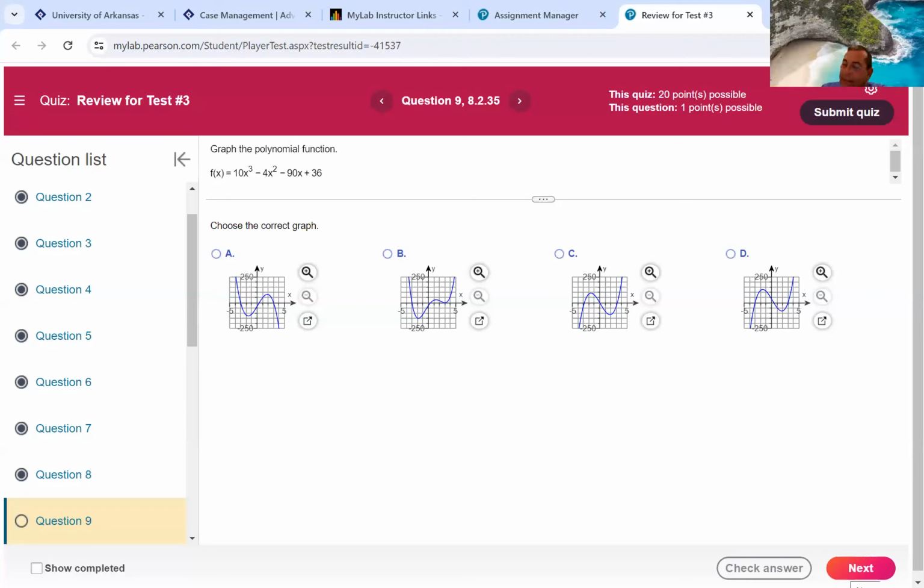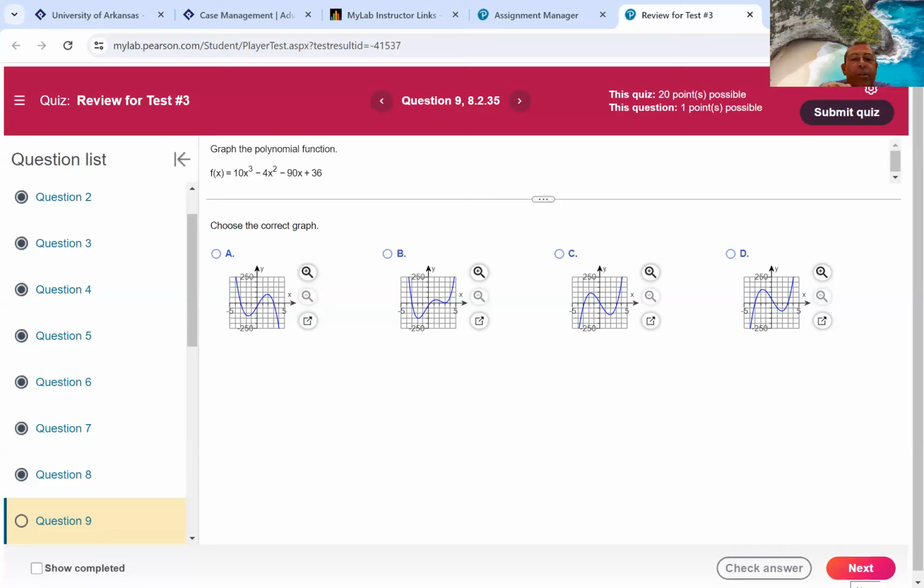All right, 9, same thing. F of x equals 10x to the 3rd minus 4x squared minus 90x plus 36. Now, this one goes from -5 to 5, and then -250 to 250.